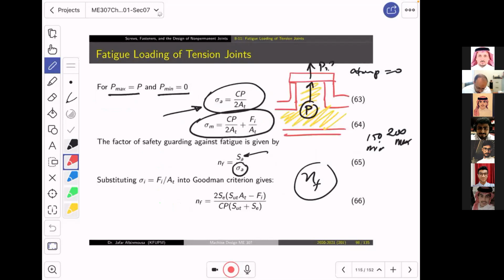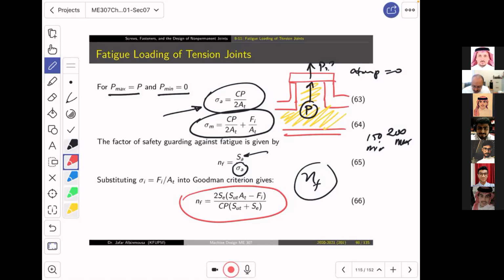So in general, if we go to the Goodman equation and substitute sigma A and substitute SA, we will find common factors, and we will end up with one single relation. NF equals twice SA multiplied by (SUT AT minus FI) divided by (C P SUT plus SA).